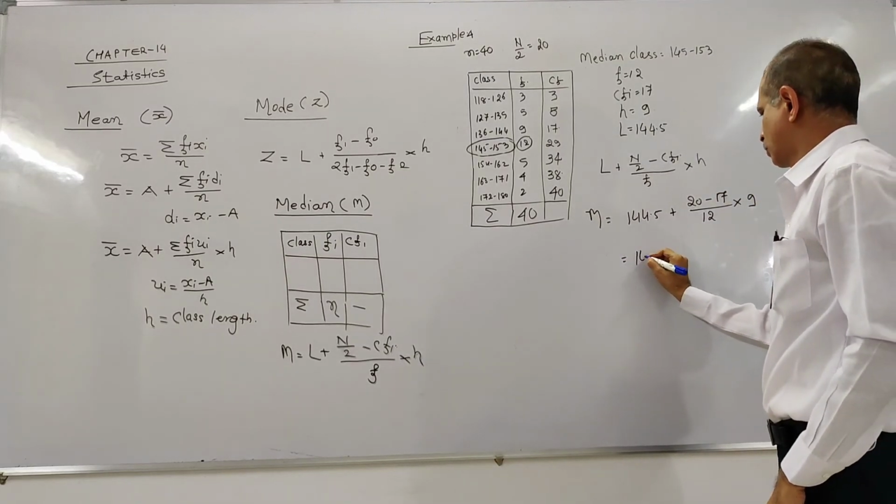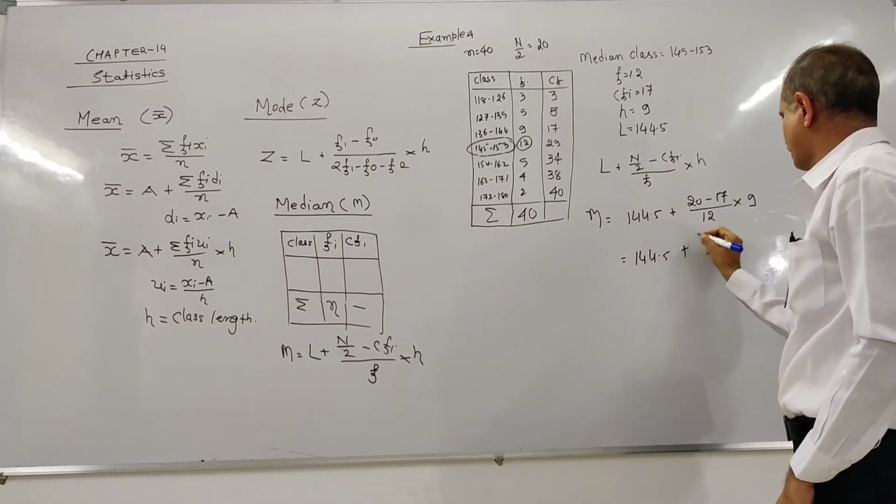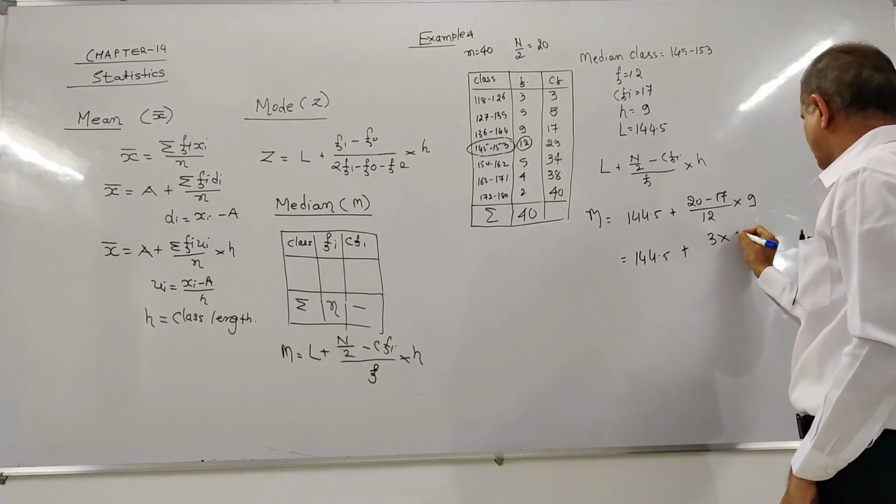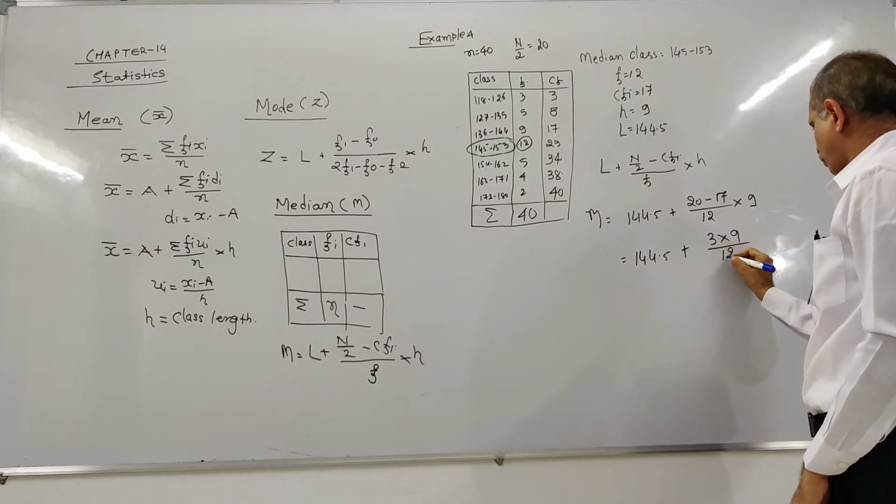So it is equal to 144.5 plus, 3 9s are 27 upon 12.